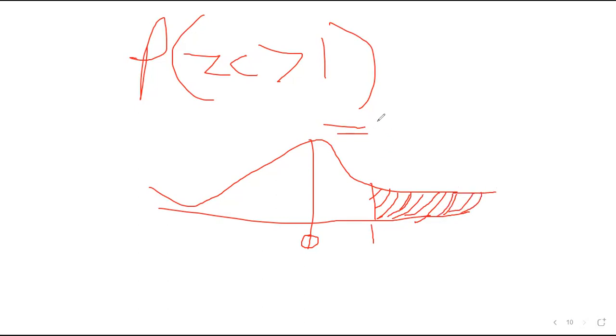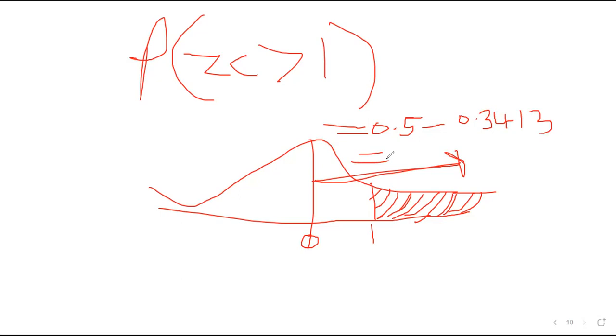So the answer will be 0.5. We are getting this 0.5 from the other side of the bell shape, the total probability from here up to here. So 0.5 minus 0.3413.